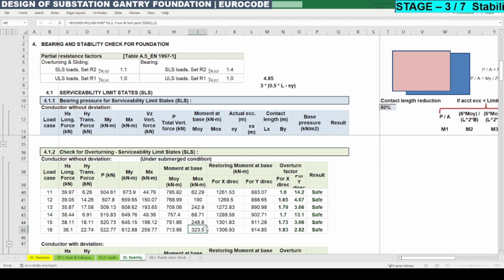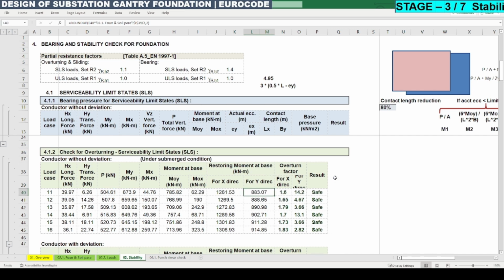So these are all the same as per the bearing pressure calculation. Now the restoring moment base is nothing but the vertical weight P divided by the length in X direction. The length is 5 meters, we already assumed, and the width for Y direction, divided by 2.